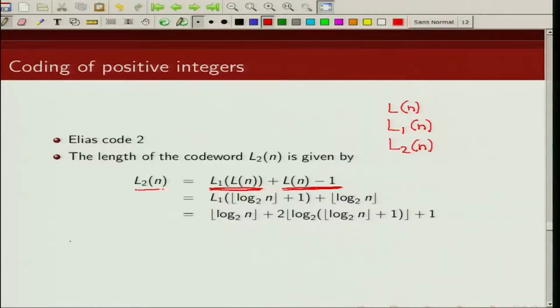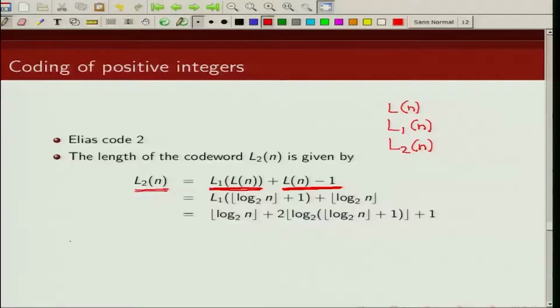So the length of the code word for Elias code 2 is, the first part is Elias code 1 of length L of n, and the second part is the binary representation of the number with leading 1 removed. So its length will be given by this. Now what is L of n?